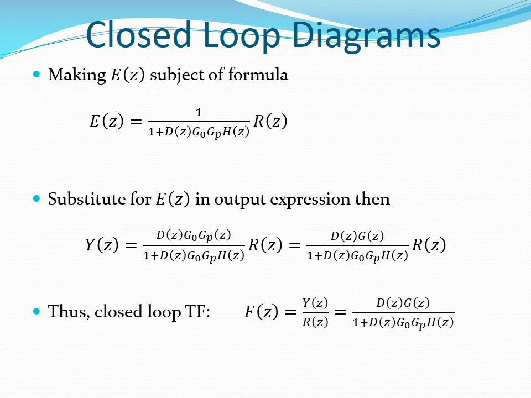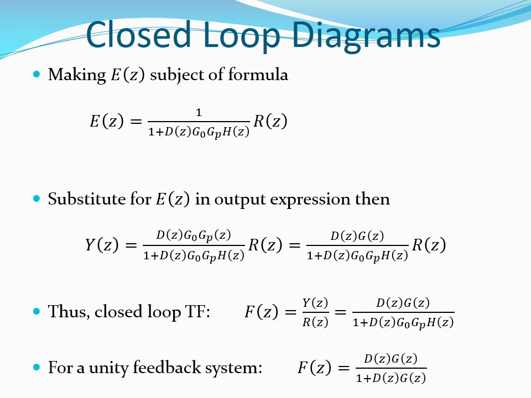Therefore, the closed loop TF is F(z) equals Y(z) over R(z), which is equal to D(z) G(z) over (1 plus D(z) G0GpH(z)). If the system has a unit feedback, H(s) will be equal to 1. Therefore, the closed loop TF will be equal to D(z) G(z) over (1 plus D(z) G(z)).